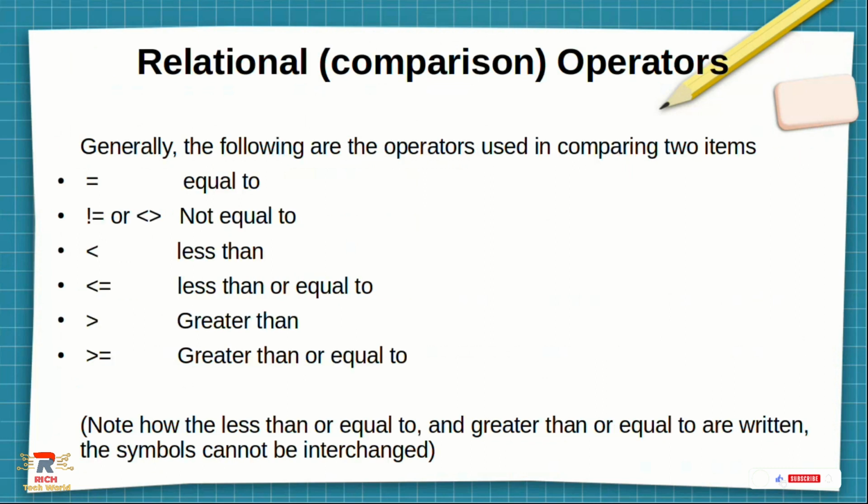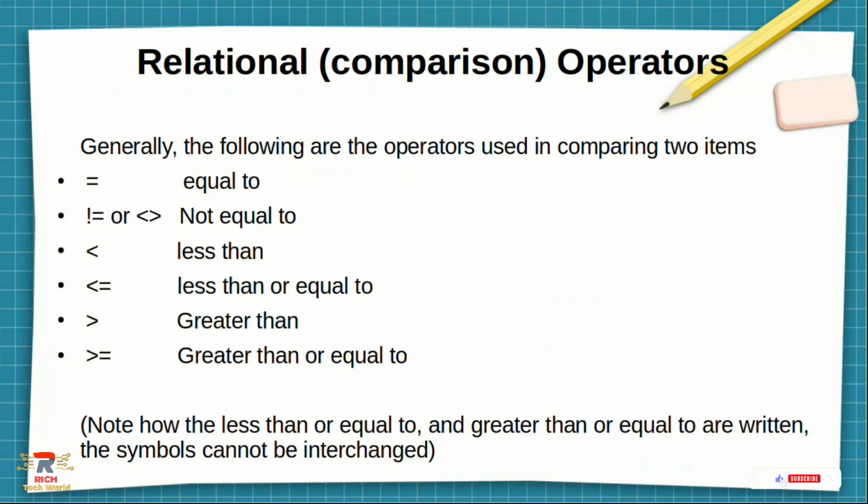So we are done with the mathematical or arithmetic operators. Let's move to the next type of operator we have, which is the relational or comparison operators. The reason it has another name, comparison operators, is because they are operators used to compare two operands.